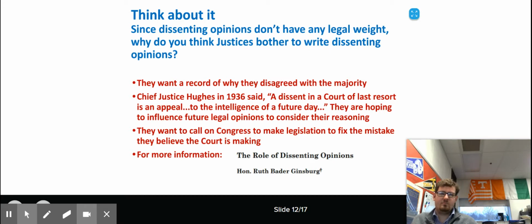It's on the record that way. Yeah, getting it on the record is probably their biggest point. The quote from Chief Justice Hughes in the 30s is probably one of the best quotes I've heard on this issue. Just that a dissent in the court of last resort is an appeal to the intelligence of a future day. So they're hoping to set a precedent to say that the court wasn't unanimous.